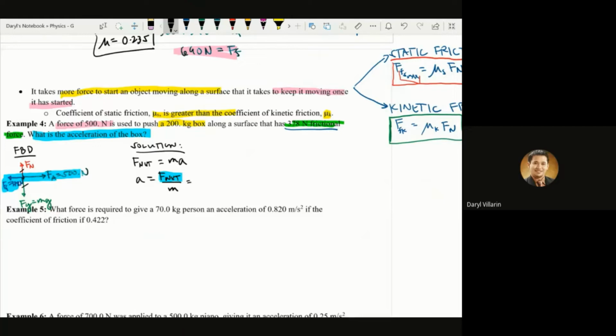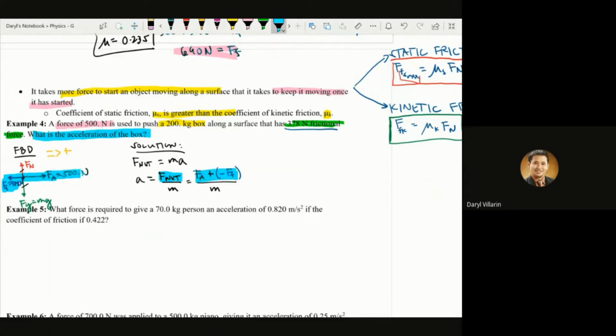I'm using the right as my positive direction, so that would be positive FA plus the negative of the magnitude of FF, and then divided by M. These are my forces along X.